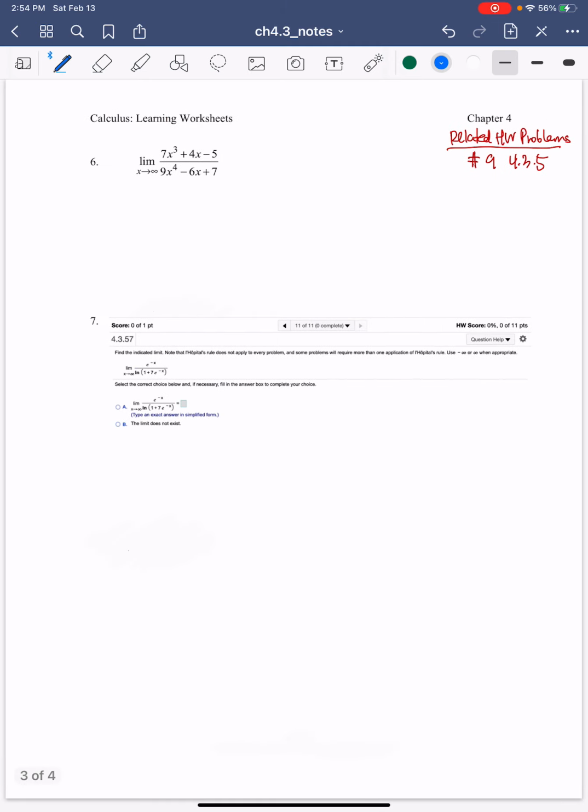Let's go to the last page. We have 2 more problems to end the section.